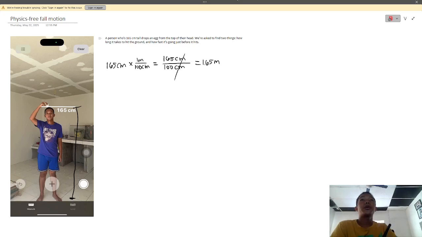So this will be our height, h equals 1.65 m.